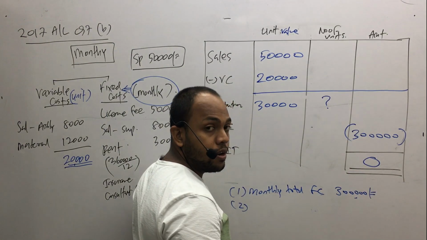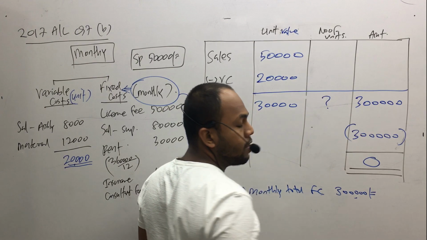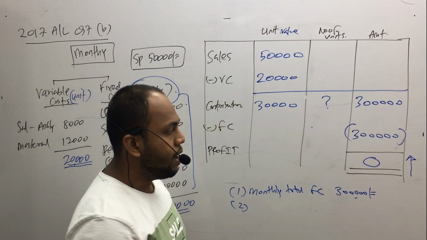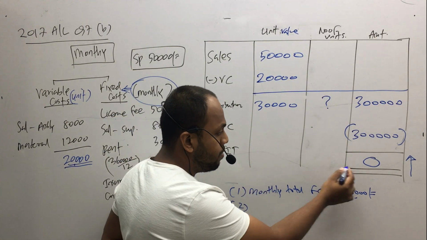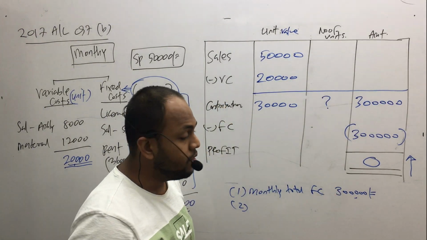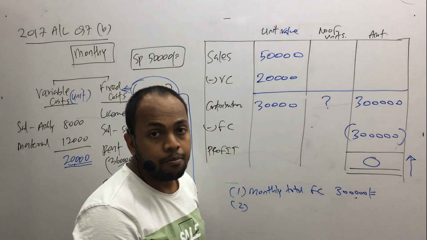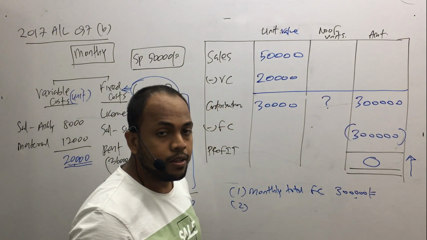To have zero profit, or to have income and expenses equal, we need a contribution of 300,000.